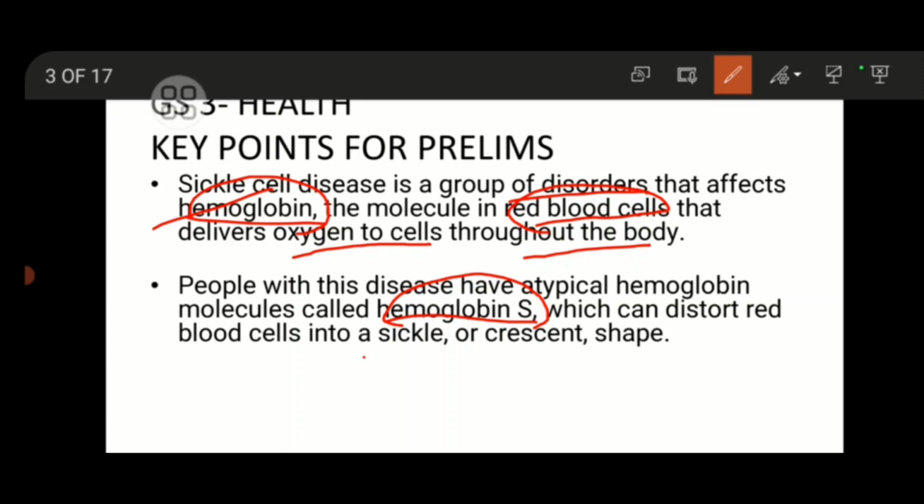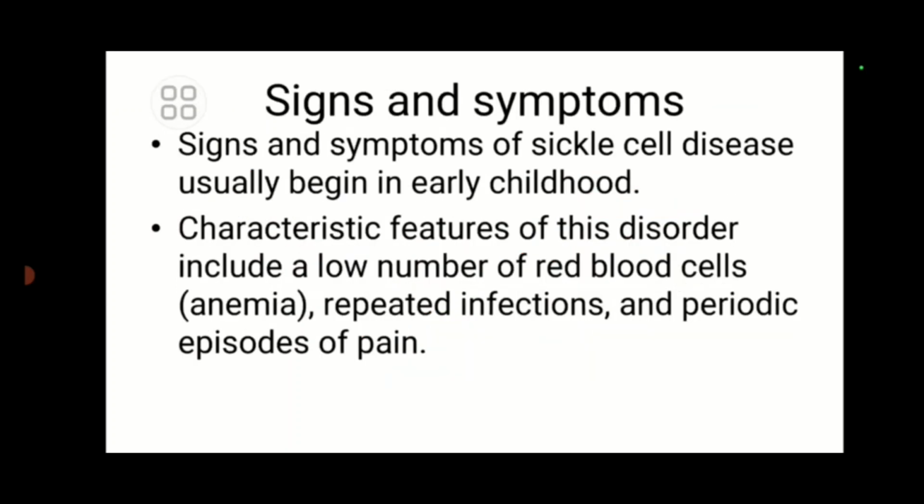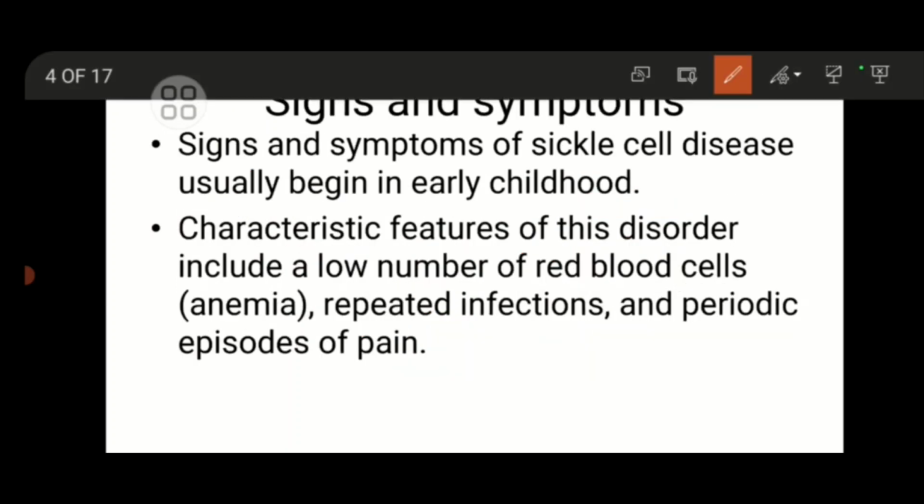What will happen if people have hemoglobin S is that it distorts the RBC into a sickle or crescent shape. The signs and symptoms usually begin in a very early period. They include a low number of RBC and repeated infections.